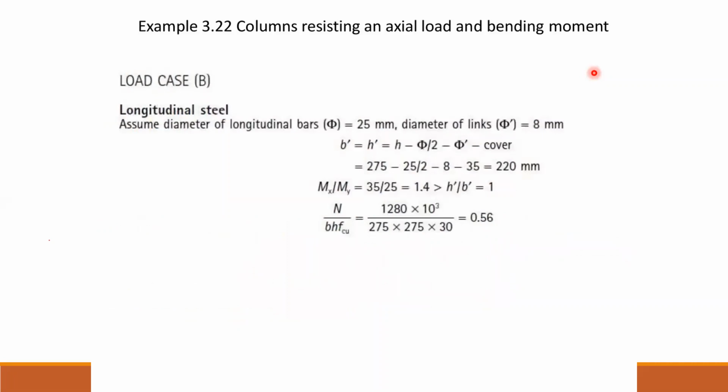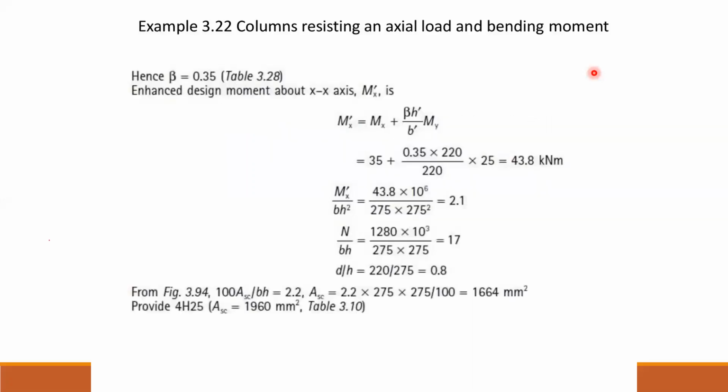So the load case B, B dash, everything you can find as it's the same. X over MY is 1.4. So then N over H dash over B dash is M. So the N over BH FCU, you can find it out quickly, 1282 divided by 275, 275, 30. Hence beta is equal to 0.34.